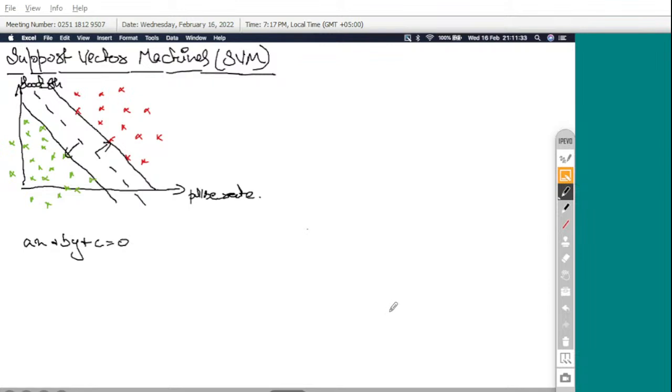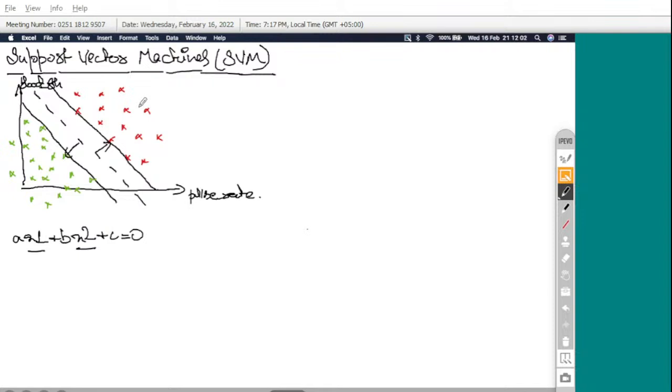Yes, this is also the equation of a straight line. Let me be more specific. Let's use a x1 plus b x2 plus c equals 0, where x1 and x2 are the features, like pulse rate and blood sugar.